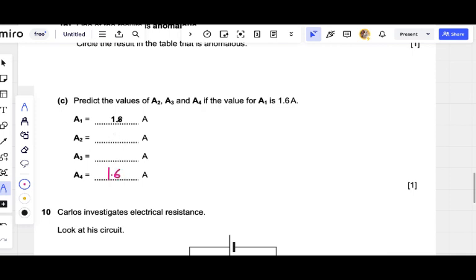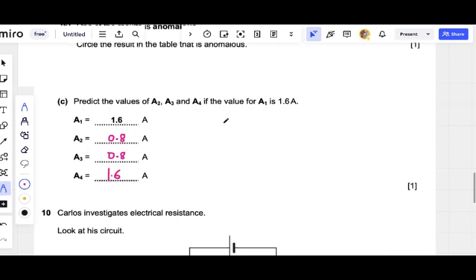So half of the value is ammeter 2, which is 0.8. If you divide 1.6 by 2, you get 0.8. So here is 0.8 ampere, and here also 0.8 ampere.